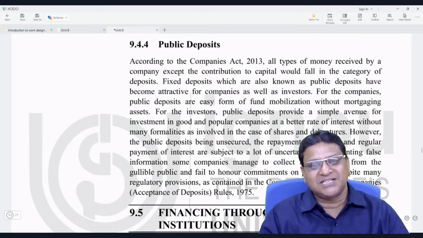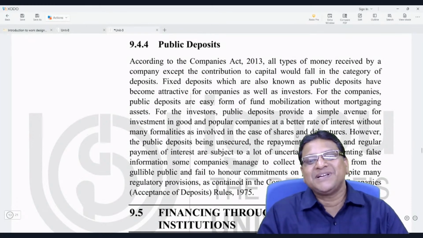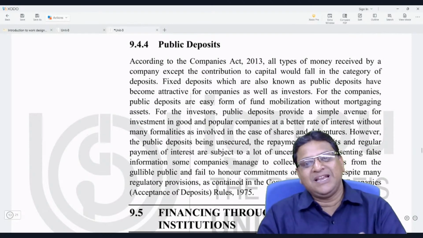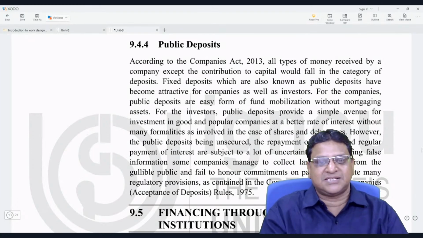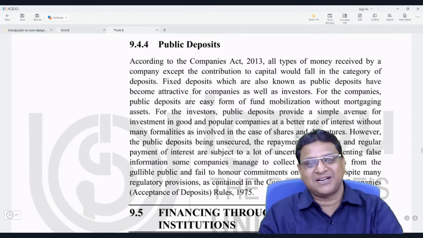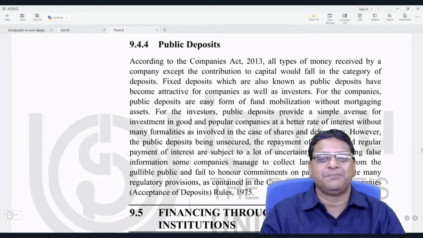High rated companies call public deposits, money from the public in the form of fixed deposit for a particular period. Why will people not invest in SBI but invest in Reliance? Because Reliance will provide a higher rate of interest to the investors of public deposit.